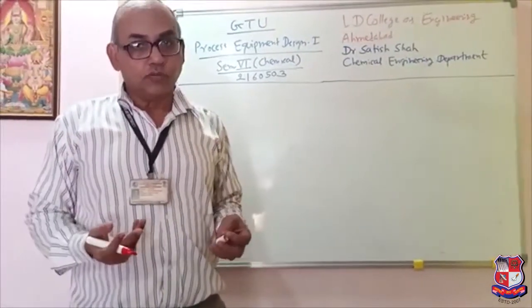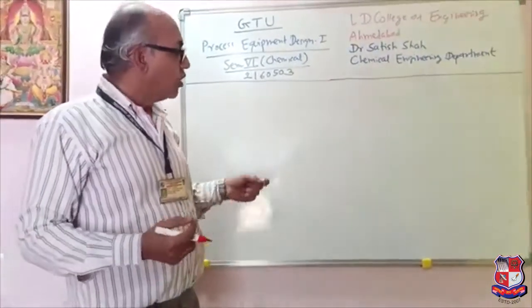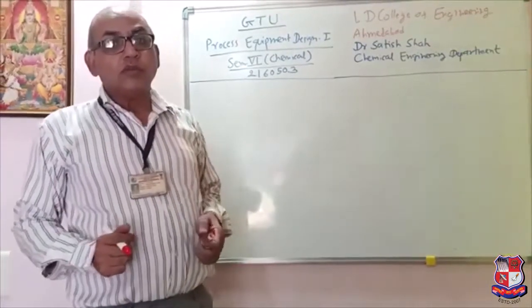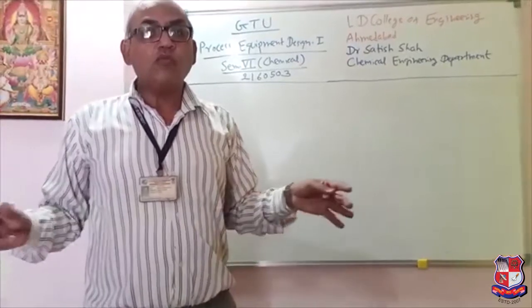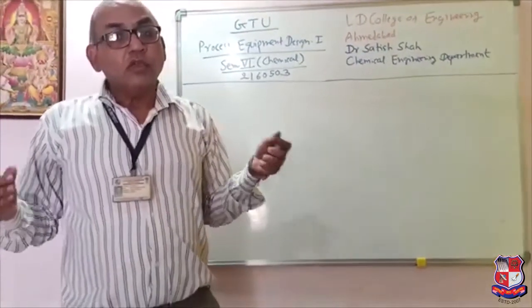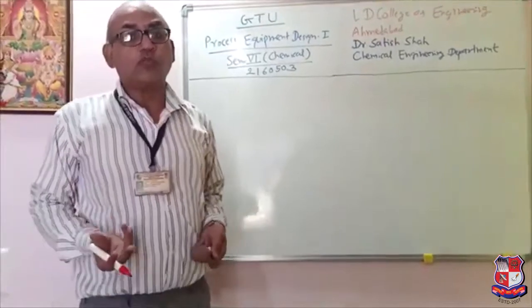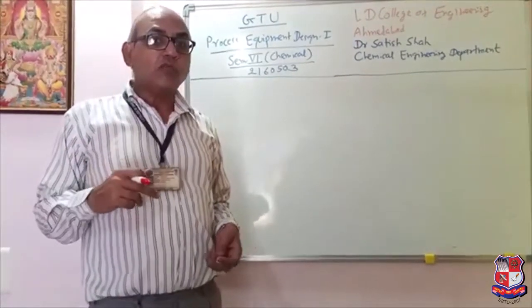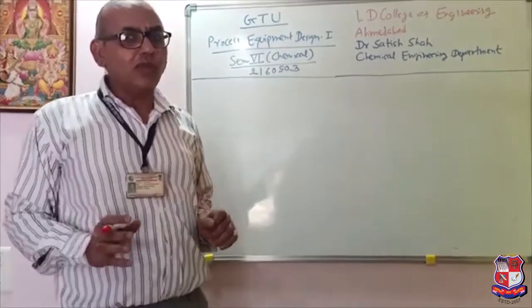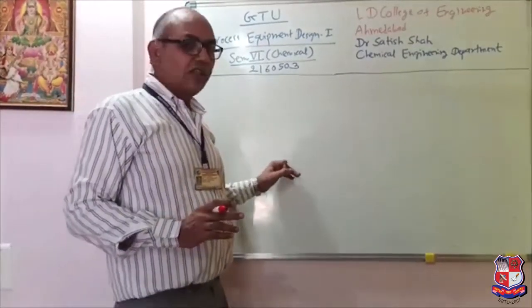This is one option. Second thing, I can increase the tube length and reduce the number of tubes. When I am doing this, my velocity on the tube side will increase. So these are the different options available to you. You can just verify like this.